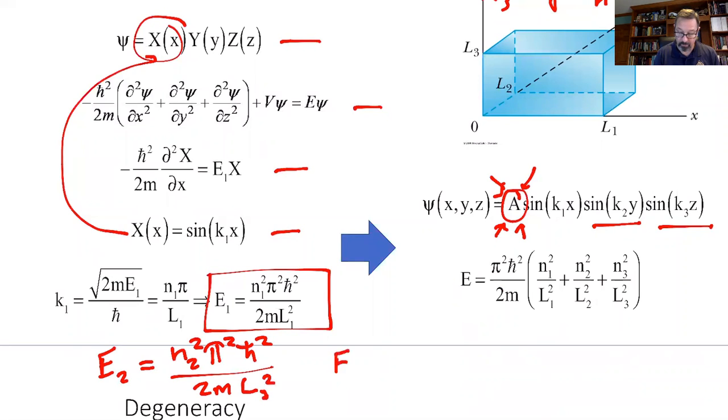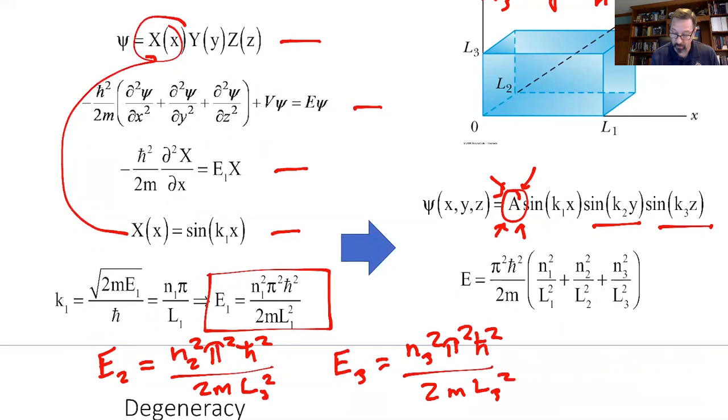And it shouldn't perhaps surprise you that the energy associated with the z separated solution, okay, is going to be equal to n3 squared times pi squared times h bar squared over 2 mass times the dimension of the box in the z direction squared.